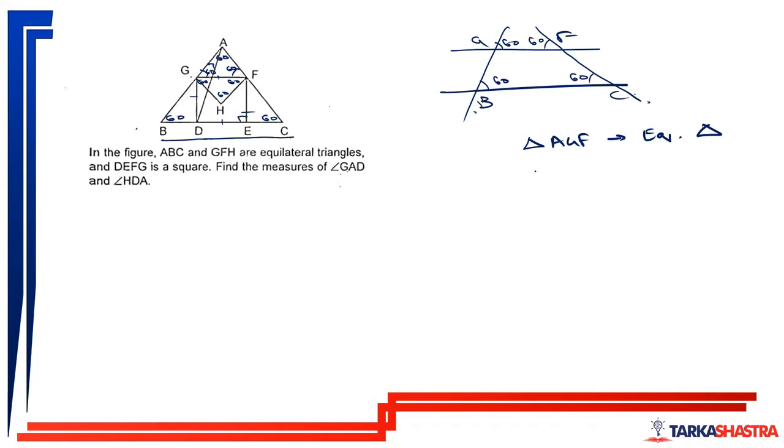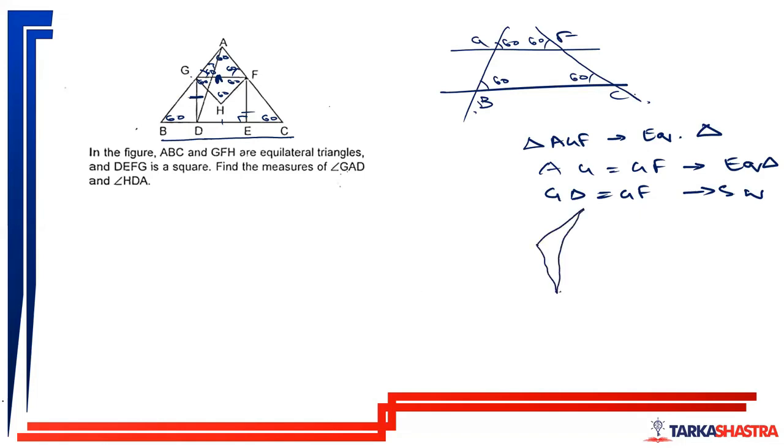What we can say over here is that AG is equal to GF, because they are the sides of an equilateral triangle. Also, GD is equal to GF, because they are the sides of a square. Now consider triangle GAD.